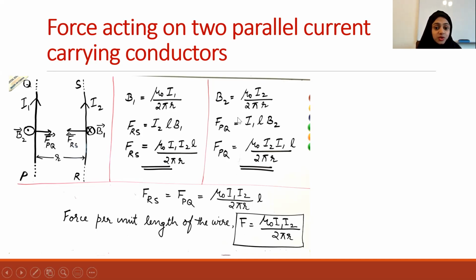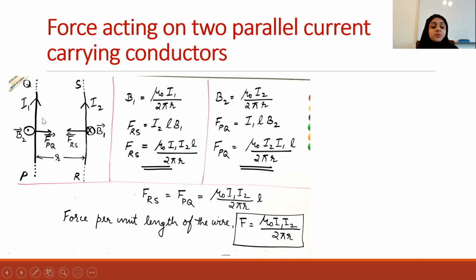Is that clear to you? So the force experienced by PQ is I1 L B2, where I1 is the current through this wire, B2 is the magnetic field in which it is placed, and L is the length of the wire.